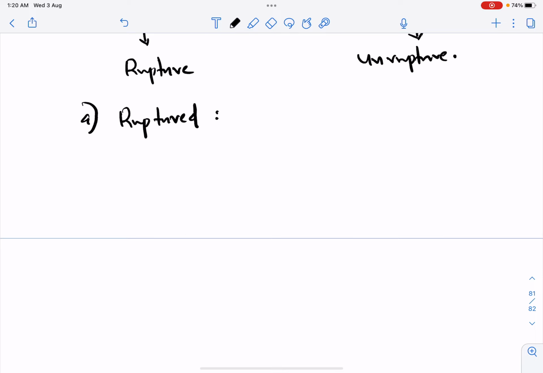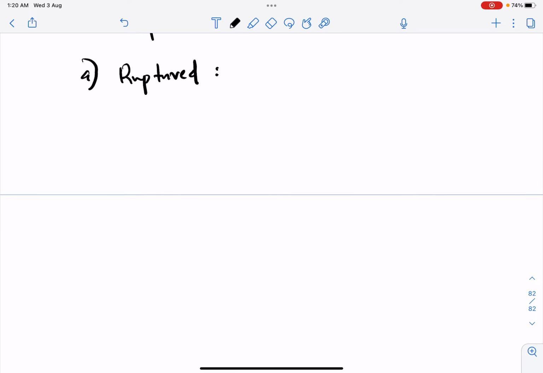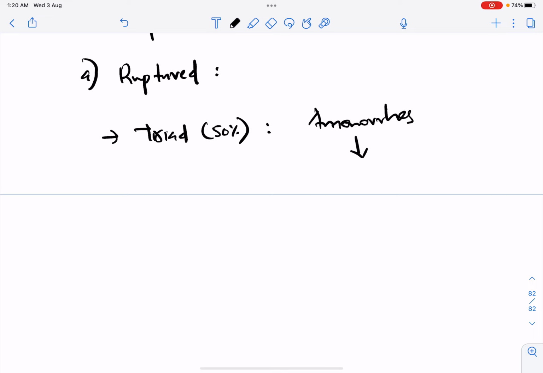Ruptured ectopic. The clinical triad, which is seen in 50% of cases of ruptured ectopic pregnancy, is: first, a period of amenorrhea, followed by abdominal pain, followed by bleeding PV.